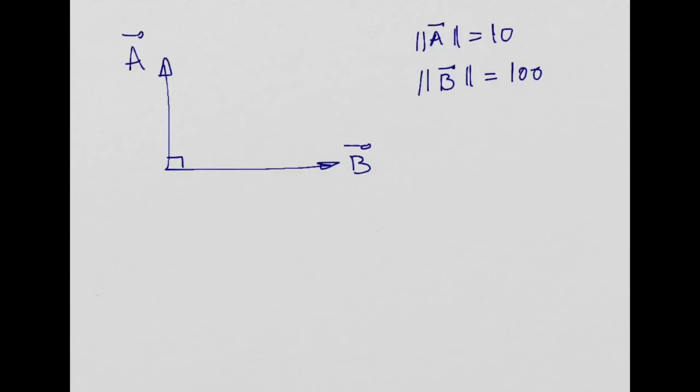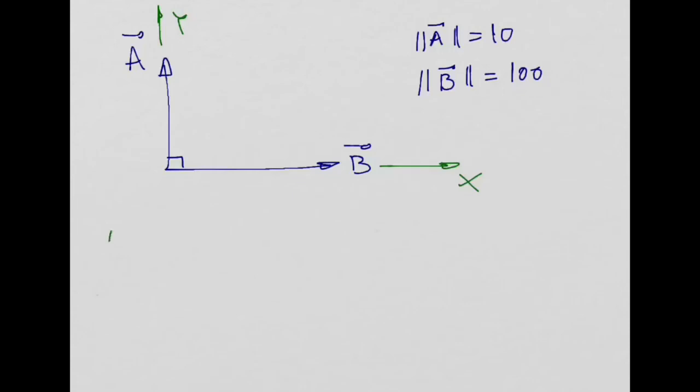Now I'm going to define a coordinate system. For convenience, I'm going to say my x-axis is this one and my y-axis is this one. I can do that; I show you that I can use any coordinate system I want. Then it's very easy to obtain the components of these two vectors in this coordinate system.